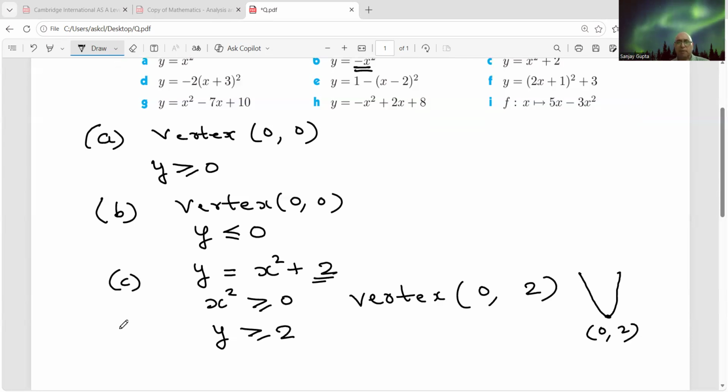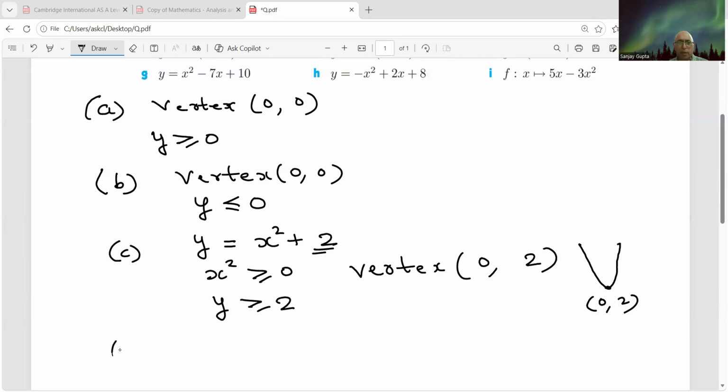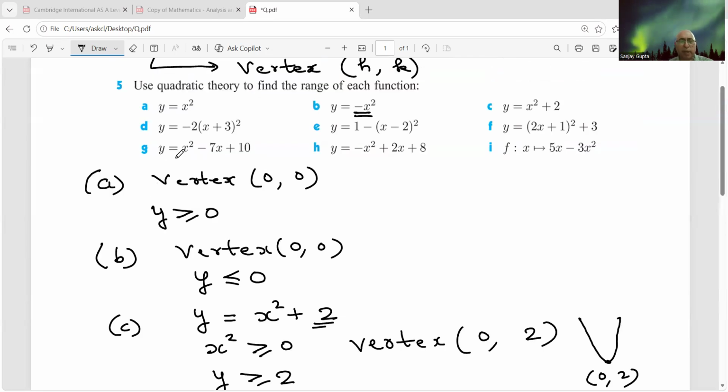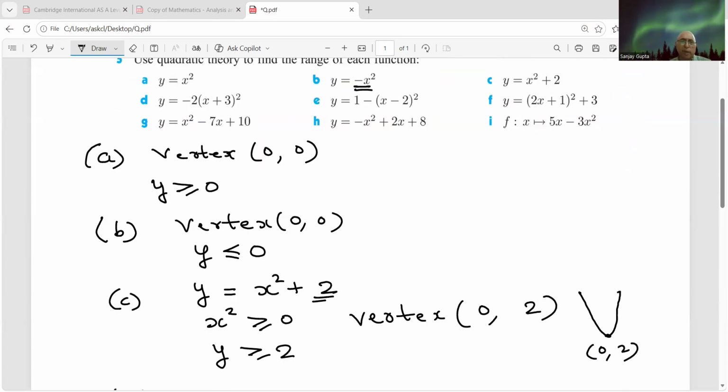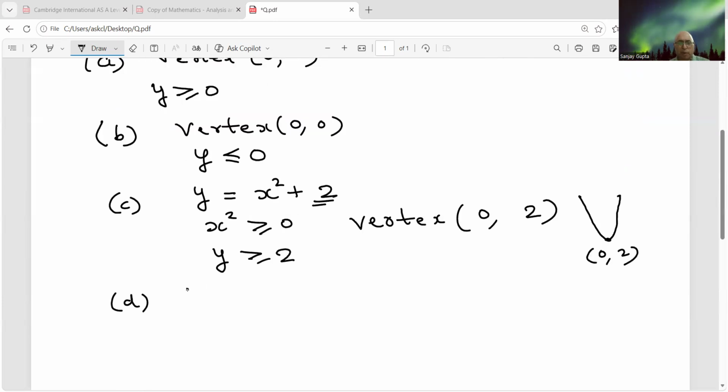And this is the coordinates of the vertex. Now moving on to the next part, that is part D, where we have y equal to negative 2 times x plus 3 whole square. And therefore, x plus 3 whole square is always going to be either 0 or more than 0.